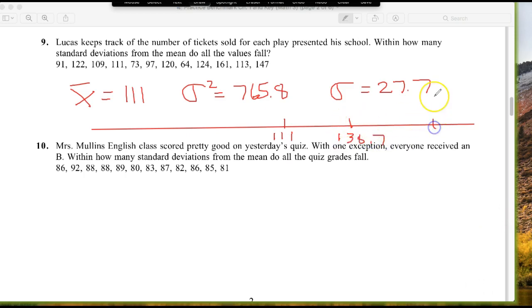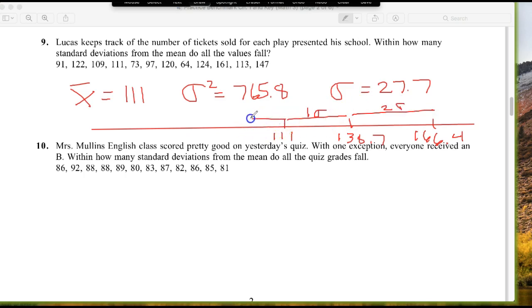Let's add one more time. 138.7 plus that standard deviation of 27.7 is 166.4. So this would be one standard deviation, and this would be two standard deviations.